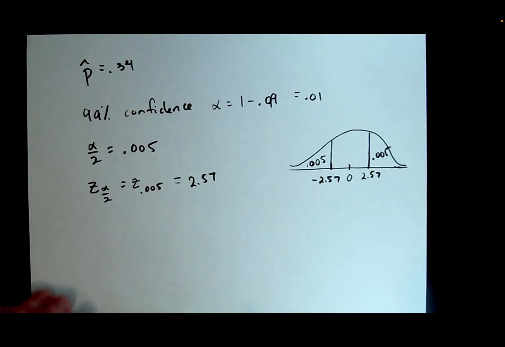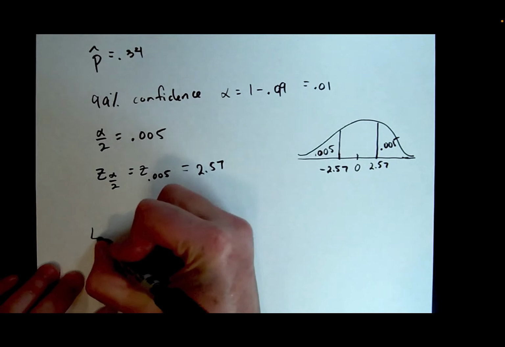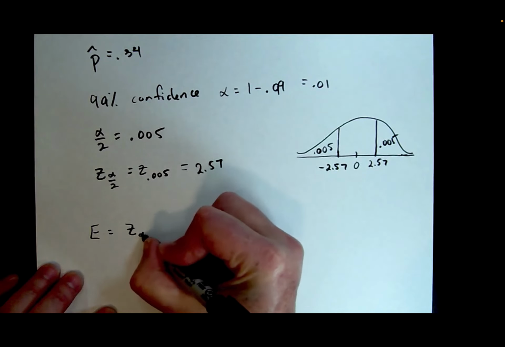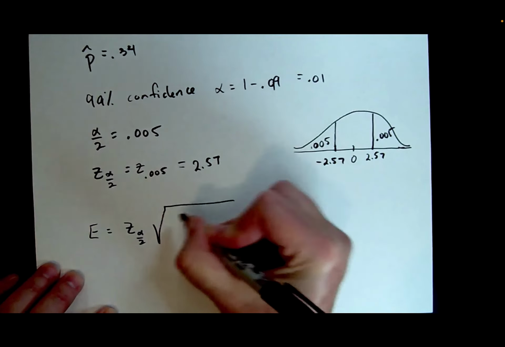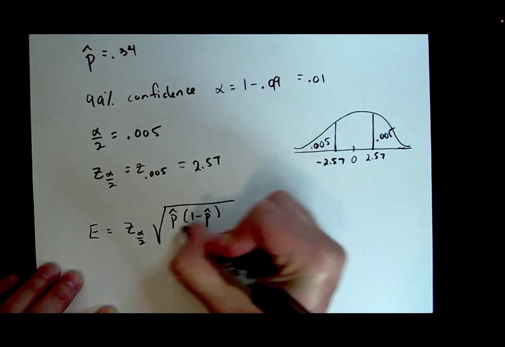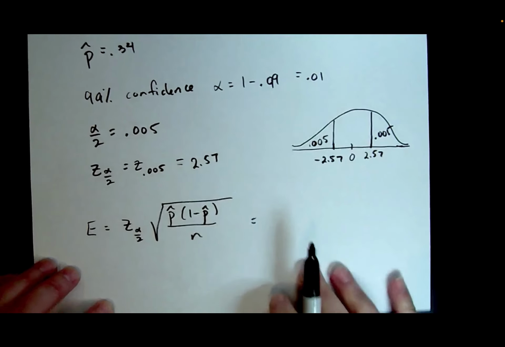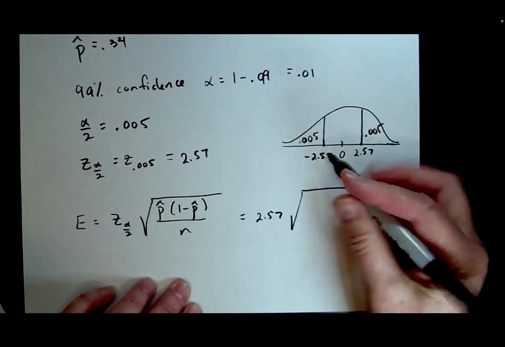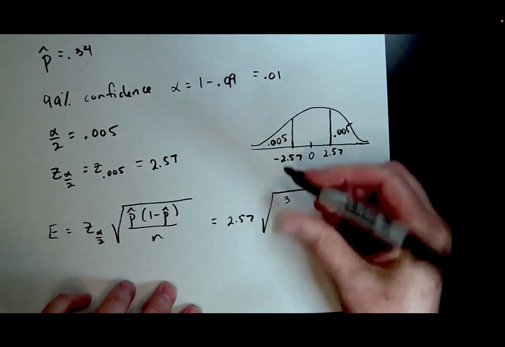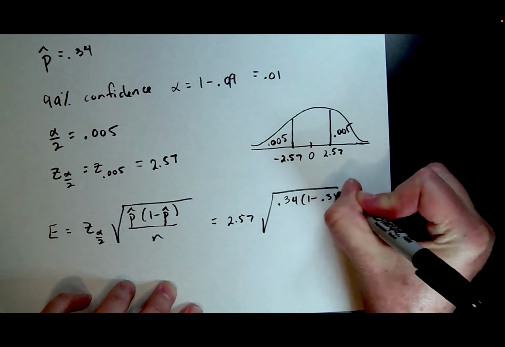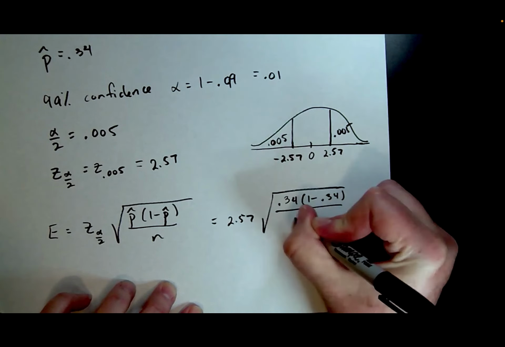We've got everything we need to plug into the margin of error formula then. So remember, the margin of error formula is z sub alpha over 2 times the square root of p hat times 1 minus p hat over n. Plugging our numbers in, we have 2.57 times the square root of 0.34 times 1 minus 0.34 over 800.